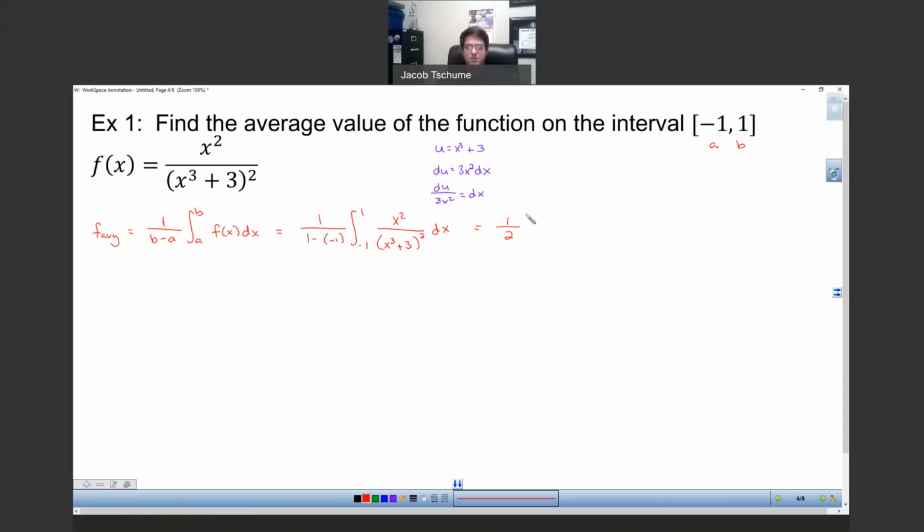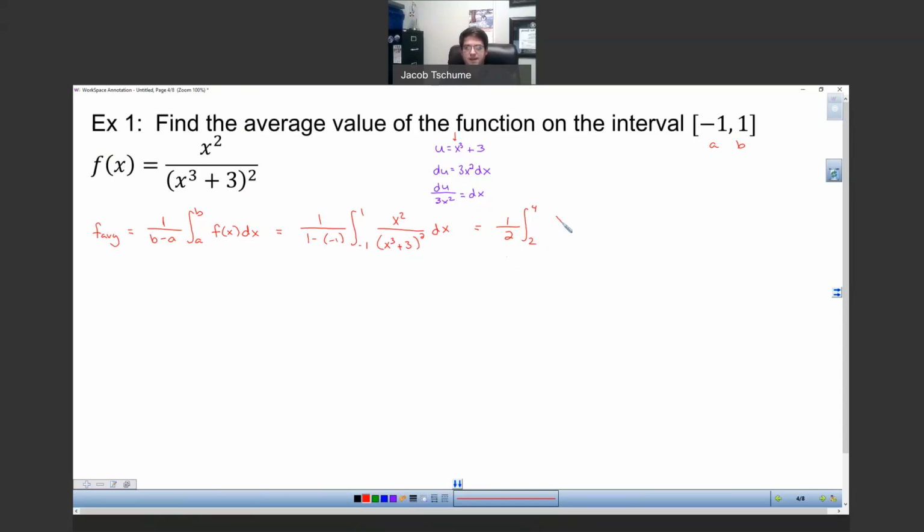Now, since I'm doing u substitution, I need to also change my parameters. So the a and the b need to be plugged in for x to set my new parameters. So -1 cubed is -1, and -1 plus 3 will give me a lower parameter of 2. And then plugging 1 in for x should give you an upper parameter of 4.